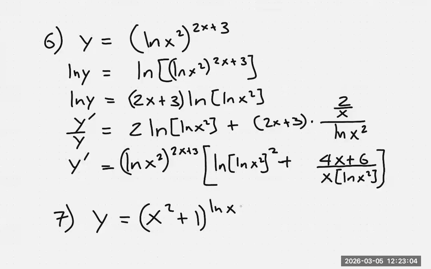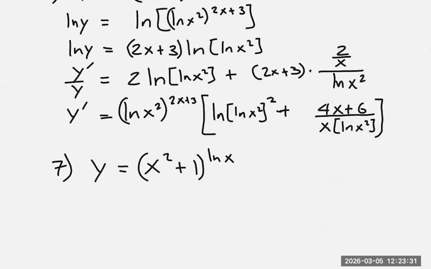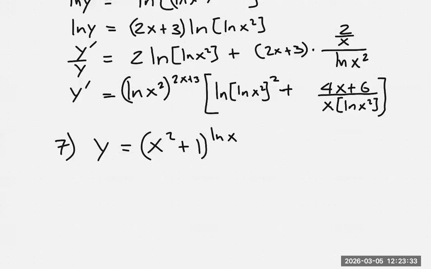So my answer is x squared plus 1 in brackets raised to the ln x, open square bracket, 1 over x. So it's a long one. I'm going to simplify it still, but because of time, sir.